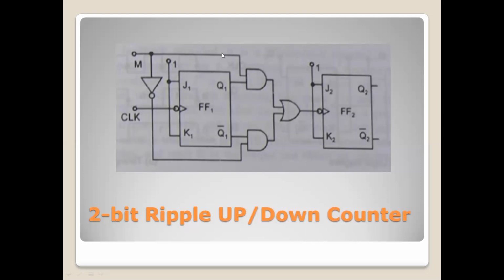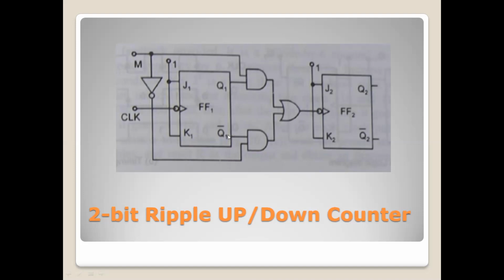When M equal to 1 here, M bar equal to 0 will be going into the down AND gate. So this AND gate is disabled. When M equal to 1, the second AND gate is disabled. So it will be up counting. When M equal to 0, the first AND gate is disabled and the second AND gate is enabled. So it will be down counting.